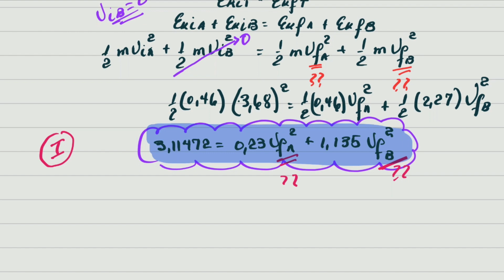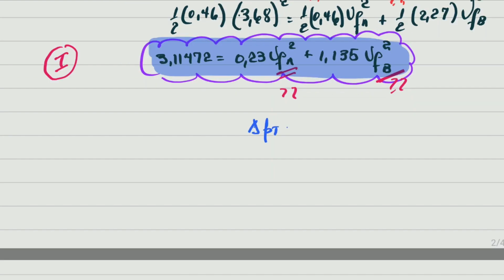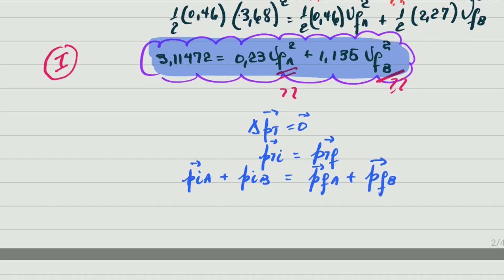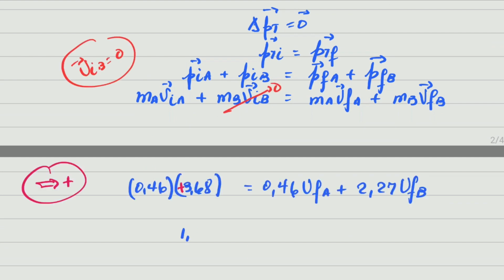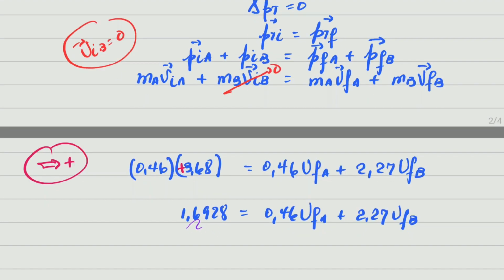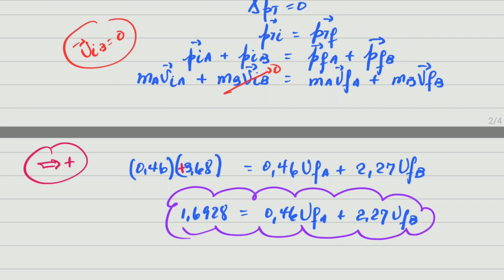I'm also going to fast forward. And here again we have two unknowns, and therefore we are going to call this one equation 2.